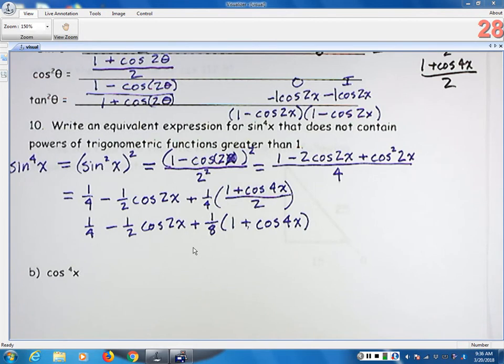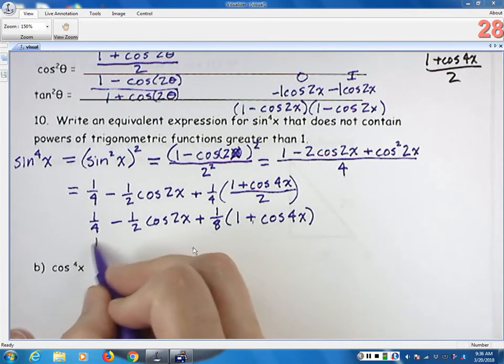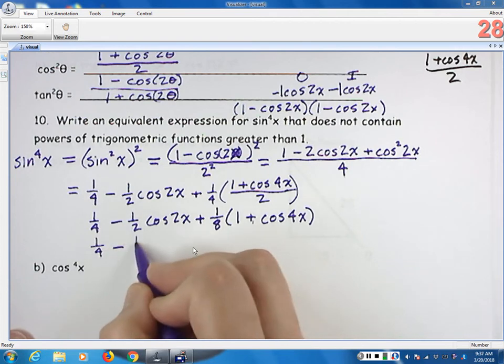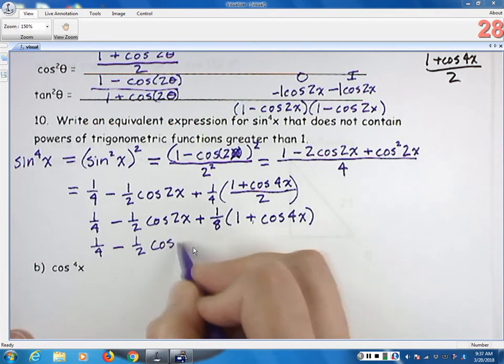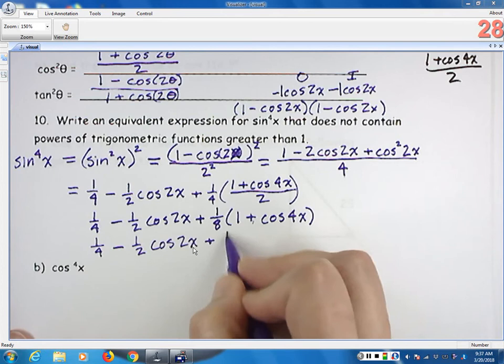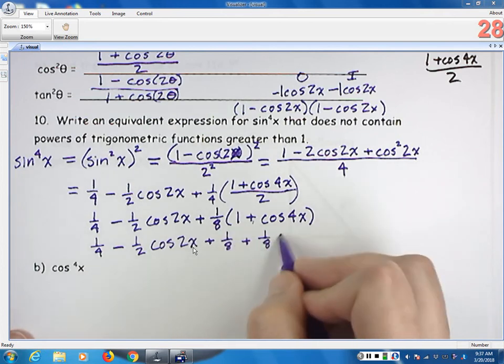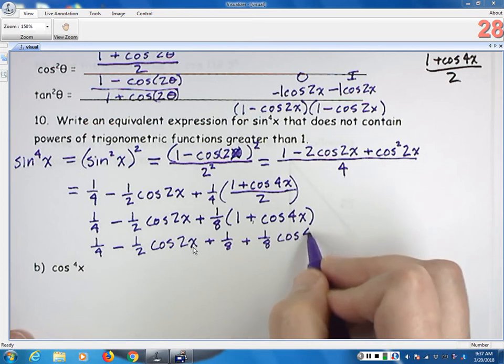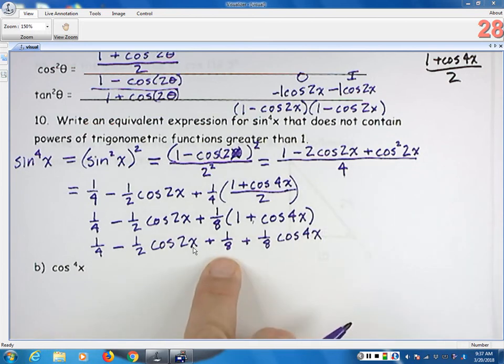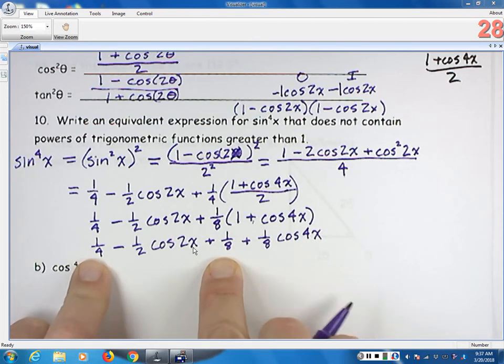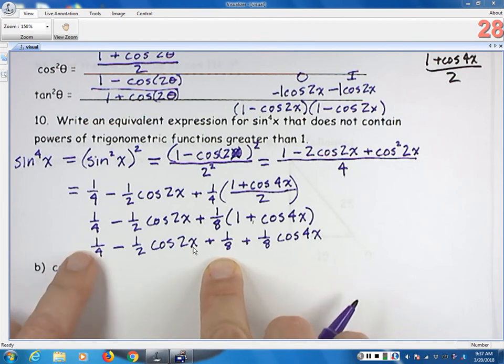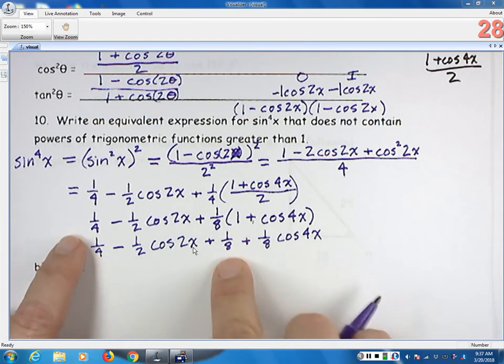Now, if they want terms, I'm going to distribute that and get terms. 1/4 minus 1/2 cosine 2x plus 1/8, distribute the 1/8, plus 1/8 cosine 4x. And the last step, combine your fractions. 1/4 is 2/8, so that's 2/8 plus 1/8 is 3/8.